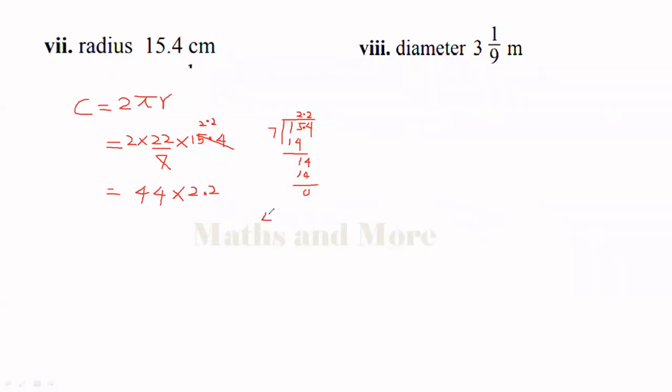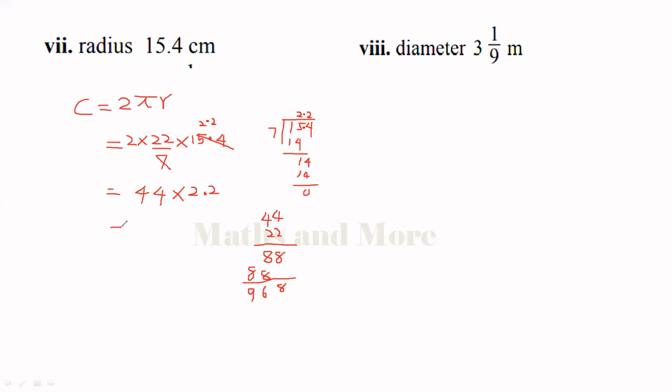Let's multiply 44 by 22 first. 2 into 4, 8. 2 into 4, 8. 8 and 8, 16. 1 goes to the other side. 8 and 1, 9.